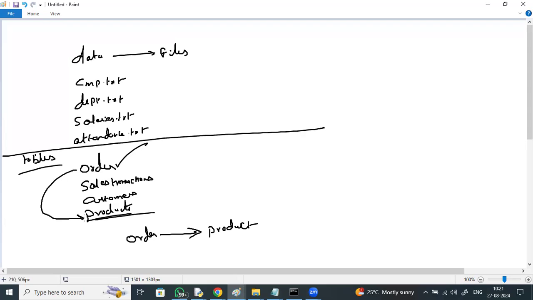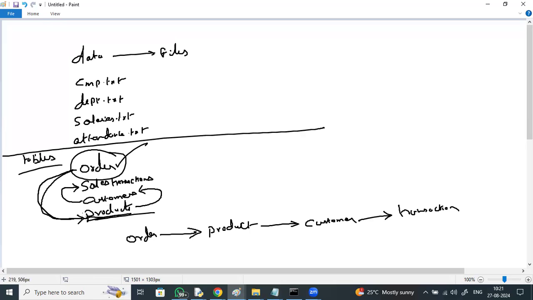A particular product. Product booked for whom? A customer. Once the order is confirmed, it's a transaction. So the order is for a product, the product is for a customer, and it is booked as a sales transaction.